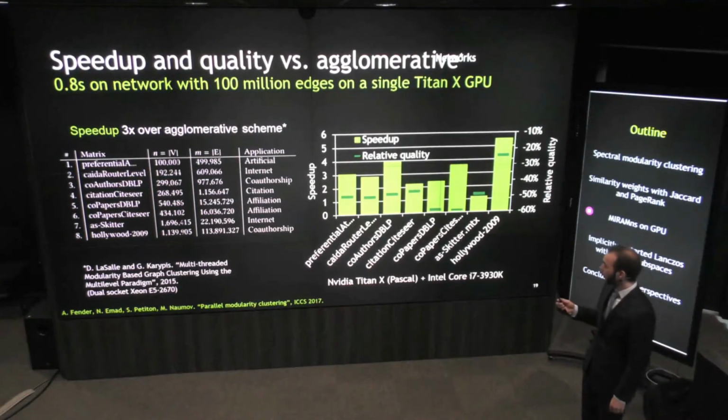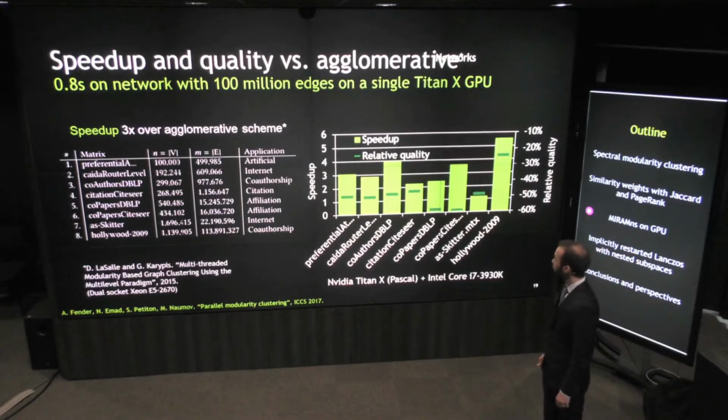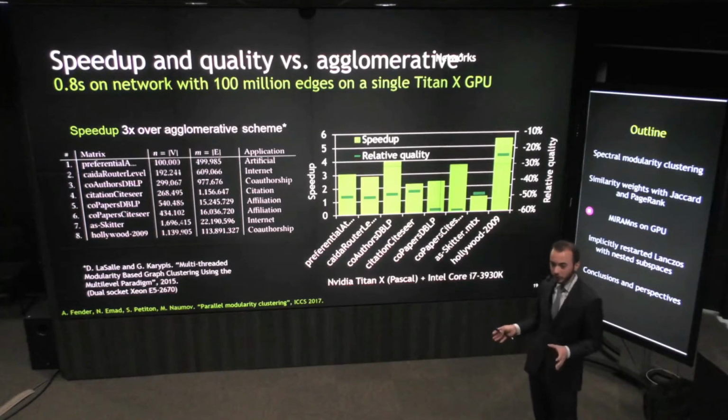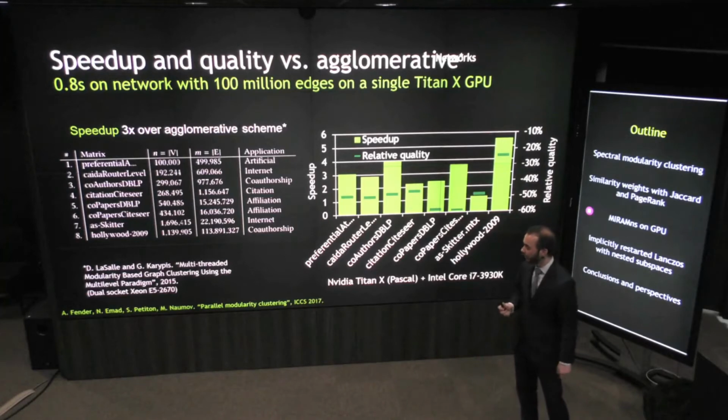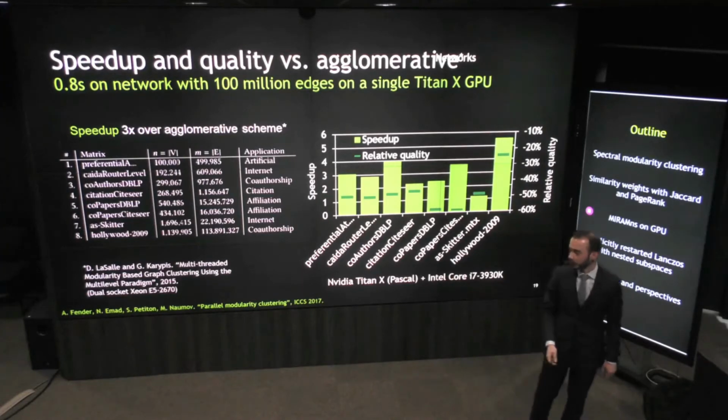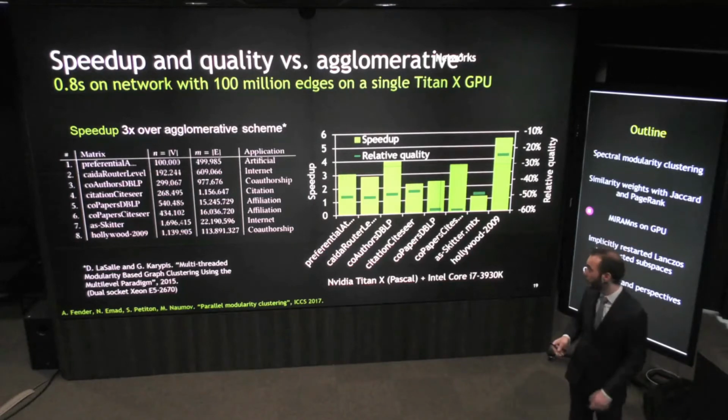So here is how it compares to the agglomerative scheme. For the agglomerative scheme, we selected recent works on modularity maximization. So it's not spectral, it's based on aggregating vertices together recursively. And this is from George Karypis, who is the author of the well-known Metis partitioner.